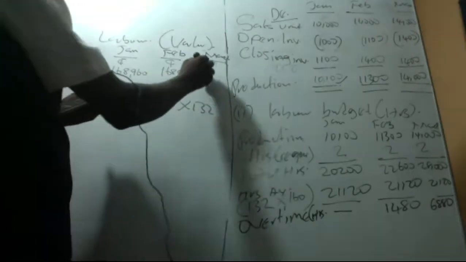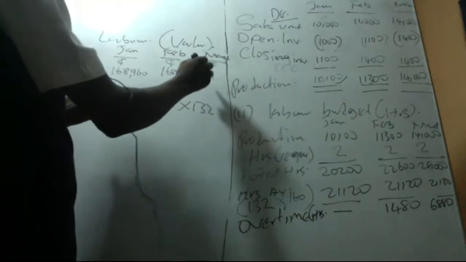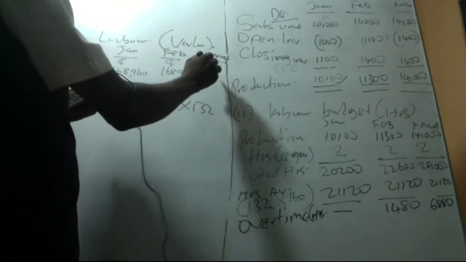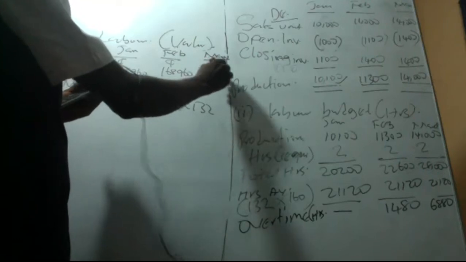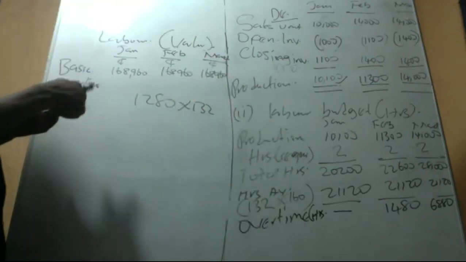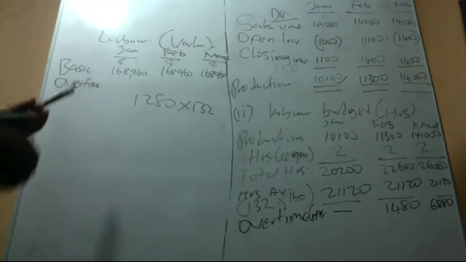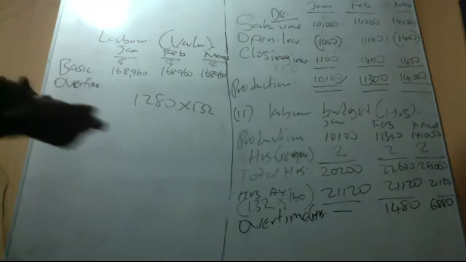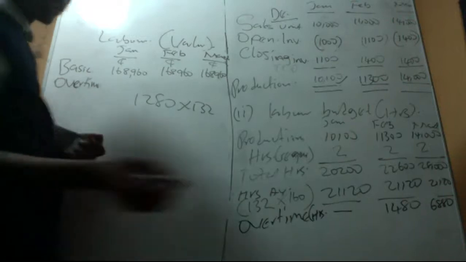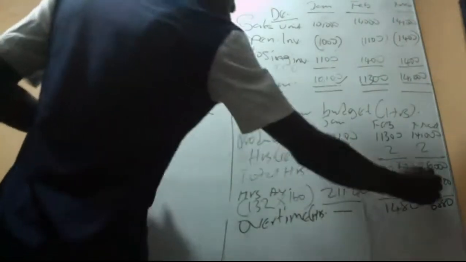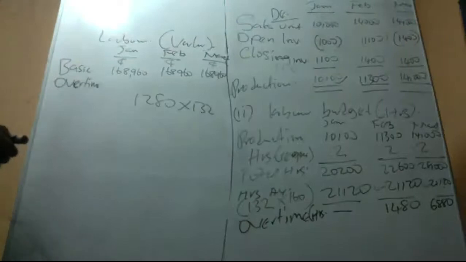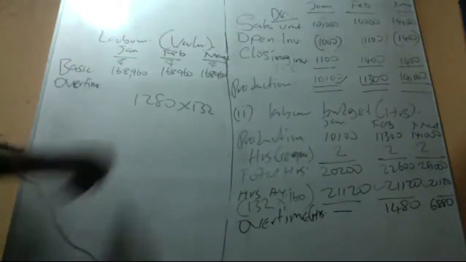Good. 168,960. So this is the basic, the pay that you have to give them when they work for these hours, the normal time. Now let's go and calculate the overtime premium and then we are done.